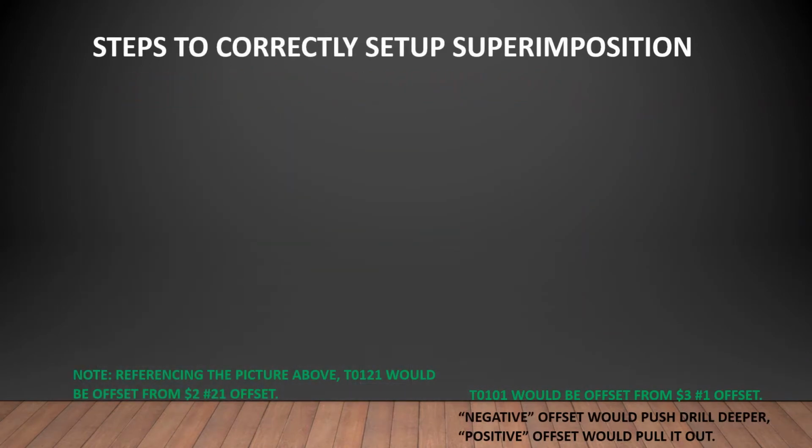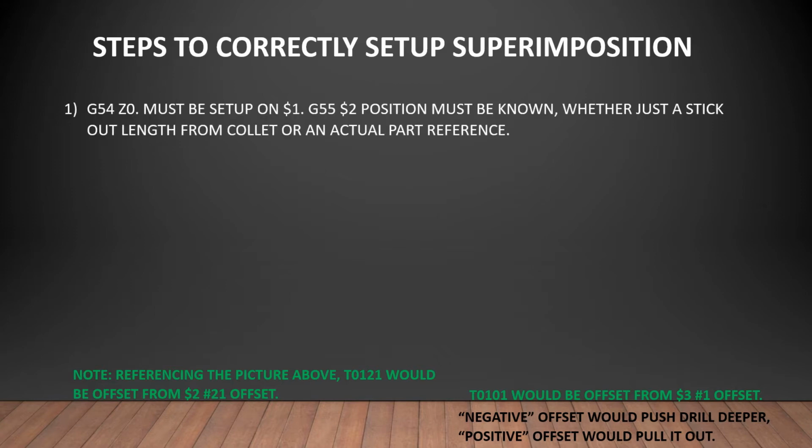Next, let's look at the steps to correctly set up superimposition for the part that is usually using the ZZ drilling. Number 1, the G54 Z0 must be set up on channel 1, and the G55 position must be known, whether it's just a stick out length from the collet or an actual part reference.